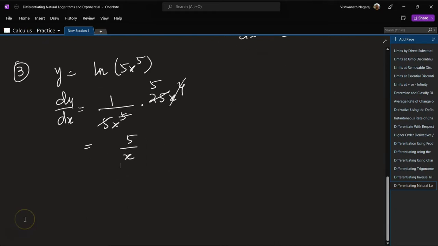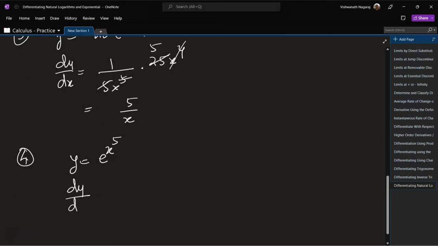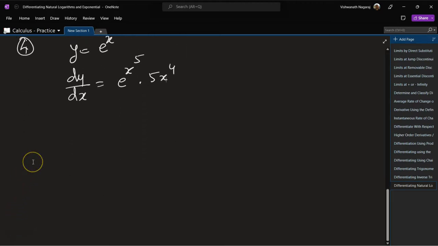So that was the third one. Now let's look at the fourth one. y is equal to e to the power of x to the power of 5. So dy by dx is equal to e to the power of x to the power of 5 as it is, and then the derivative of x to the power of 5, that is 5x to the 4. So that is the derivative.